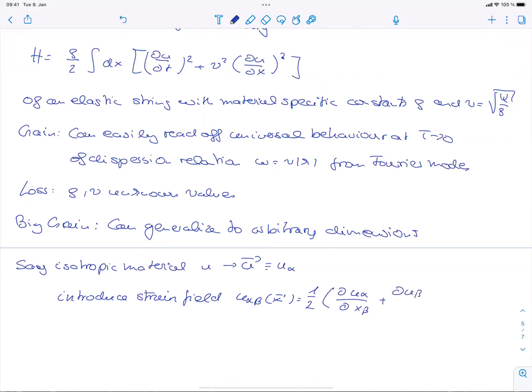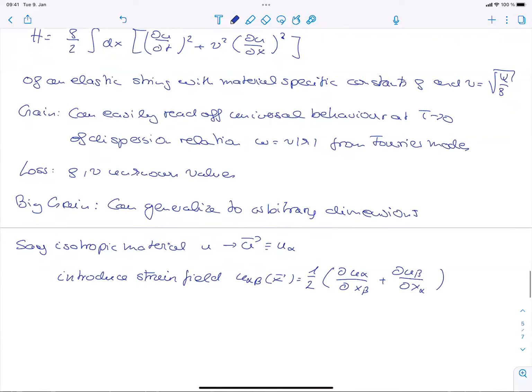But the gain is I can write this down in a shorthand form. And for such a 3-dimensional deformation field now, I know that the symmetries of the system require invariance under rotation and translation.